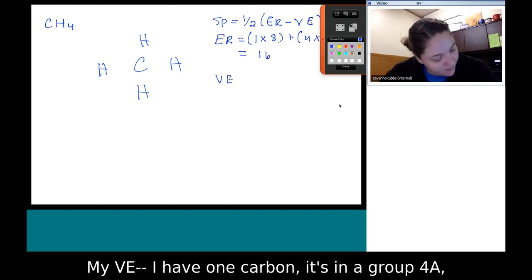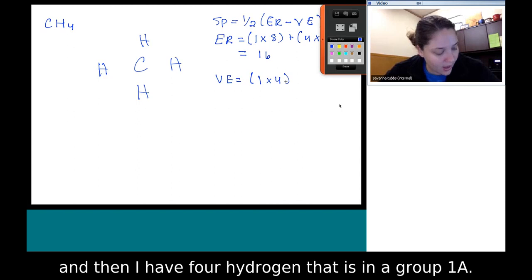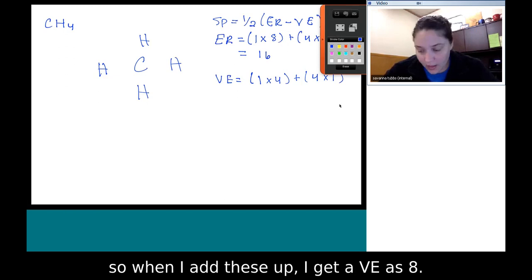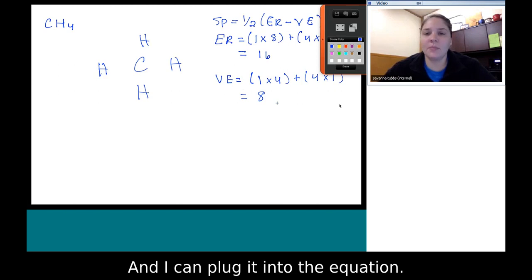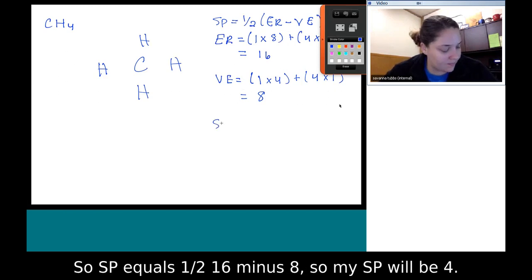My VE, I have 1 carbon. It's in a group 4A. And then I have 4 hydrogen that is in a group 1A. So when I add these up, I get a VE of 8. And now I can plug it into the equation. So SP equals 1/2 (16 minus 8).